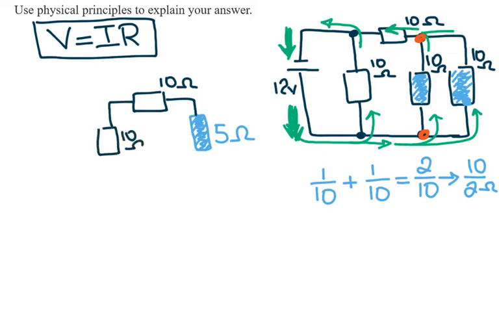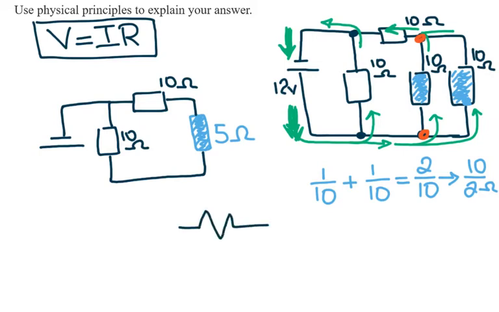Oh, and by the way, I'm drawing my resistors the engineering way, not the way physics books show them. So physics books show you resistors like this. My resistors are like this. It's easier for me to draw this way. So I have this way to complete my circuit.